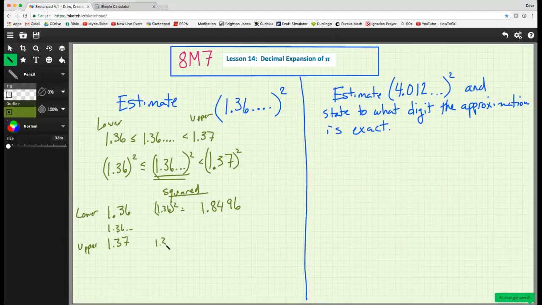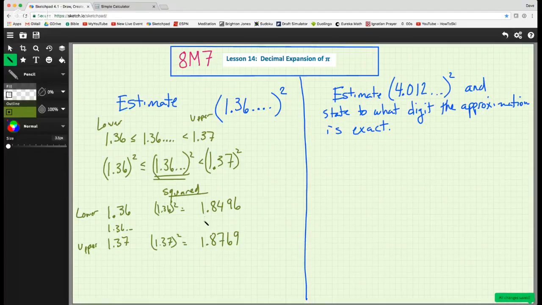And 1.37 squared is equal to 1.8769. So I know that this is in between those numbers.